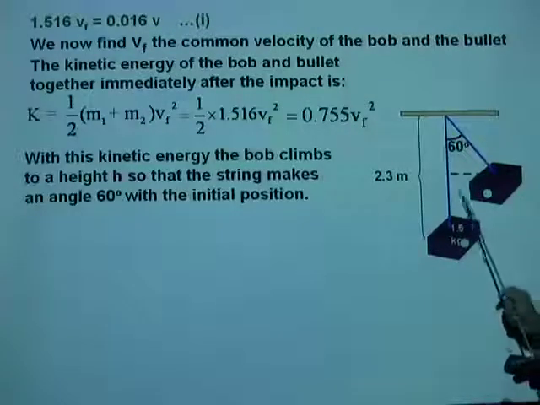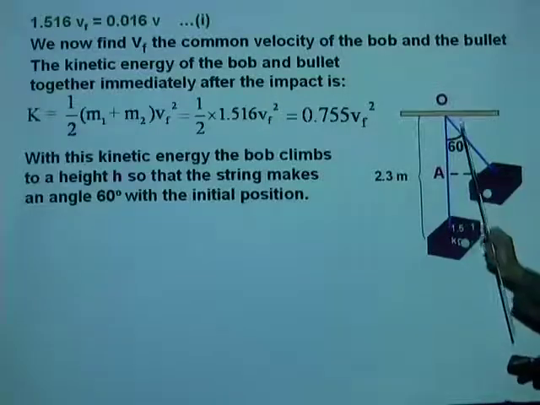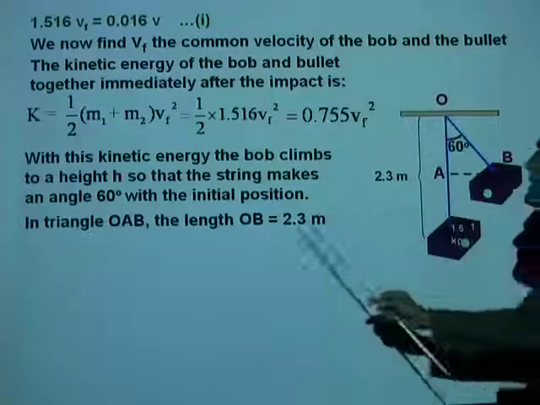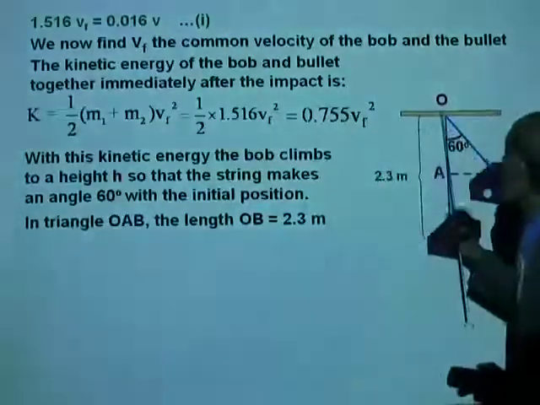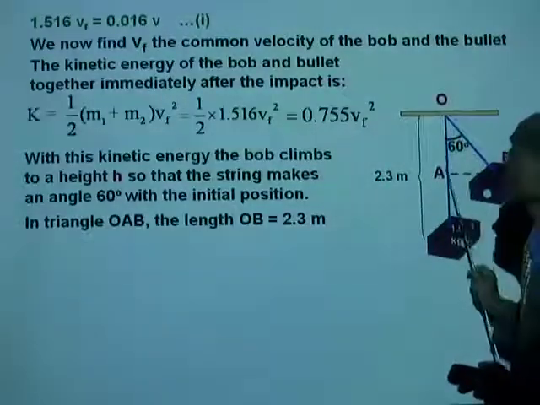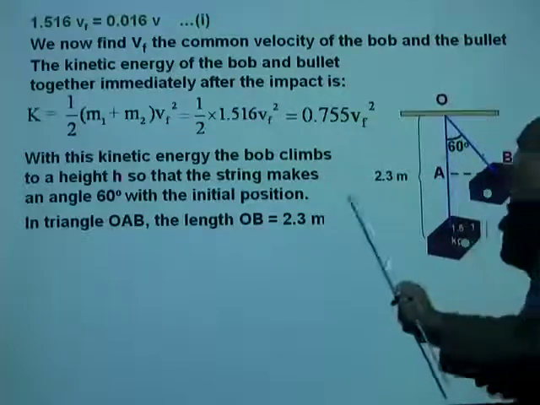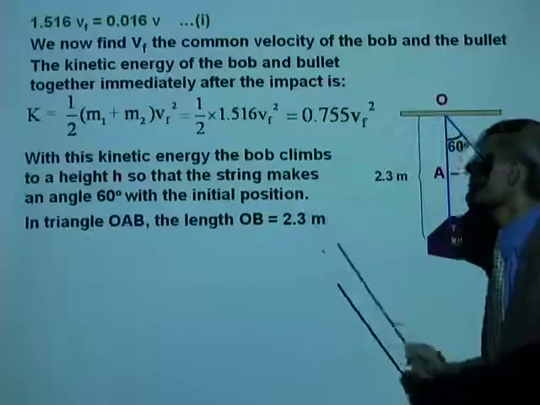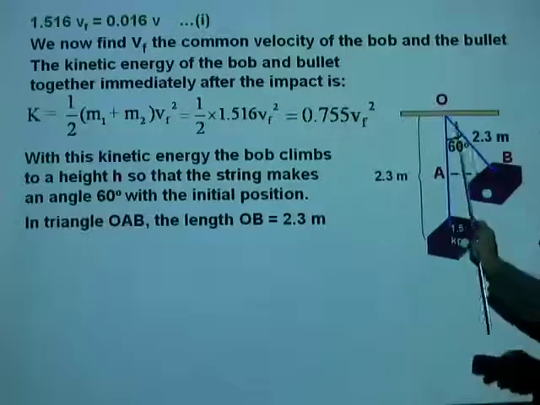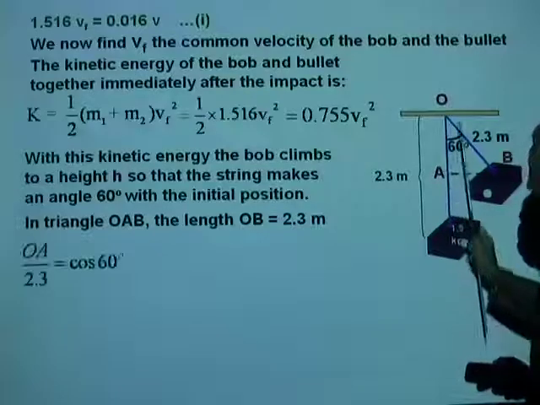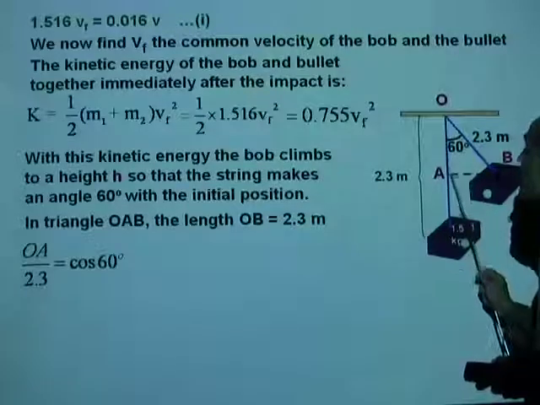There you are. And if this is O and this point is A, then in the triangle OAB, the length OB, which is the length of the pendulum, is given to be 2.3 meter. Now, therefore, we can find the length OA.